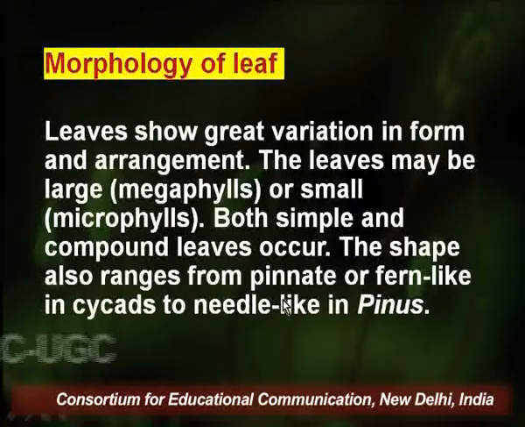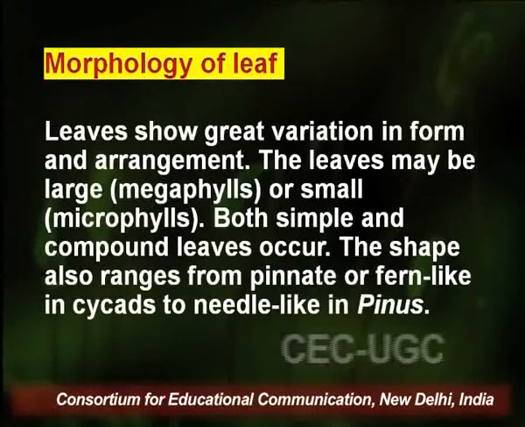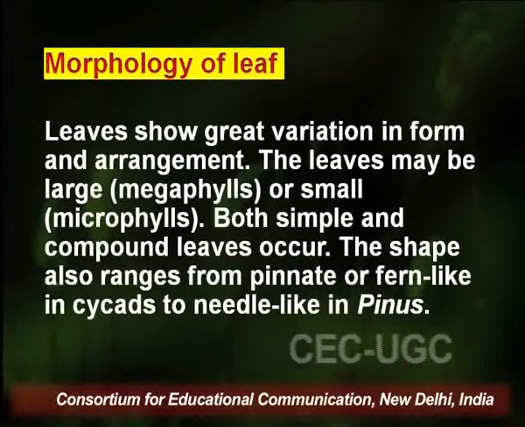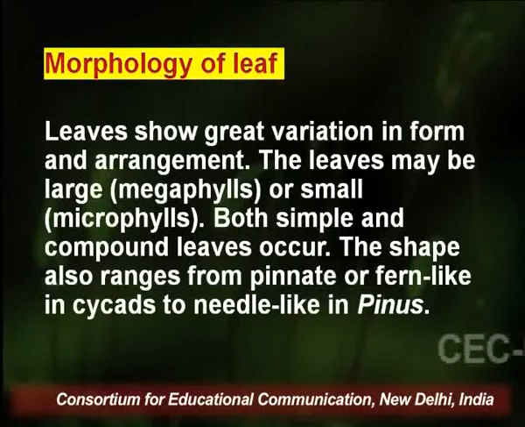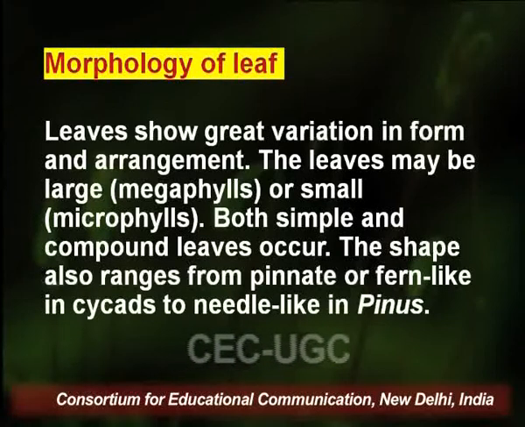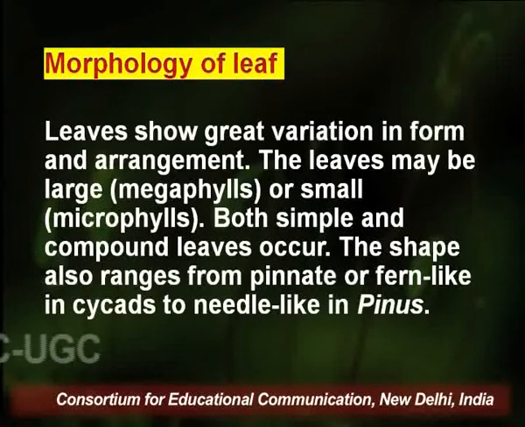Now let us talk about the morphology of leaf. As far as leaves are concerned, leaves show a very long range of variation in form and arrangement. The leaves may be large, in that case they are called megaphylls, or they could be small in size, in that case they are called microphylls.